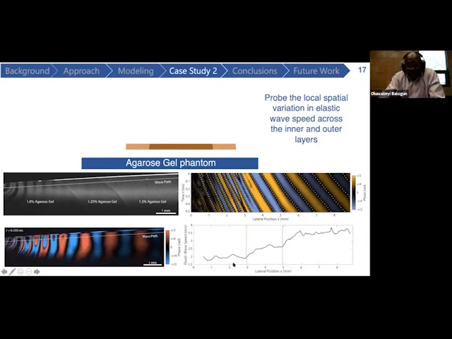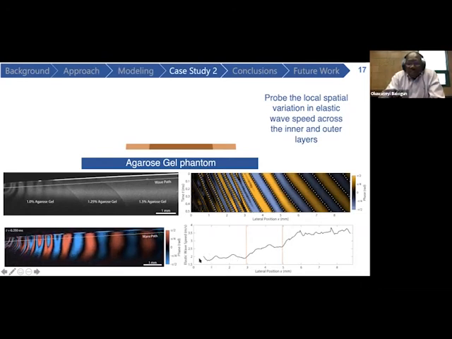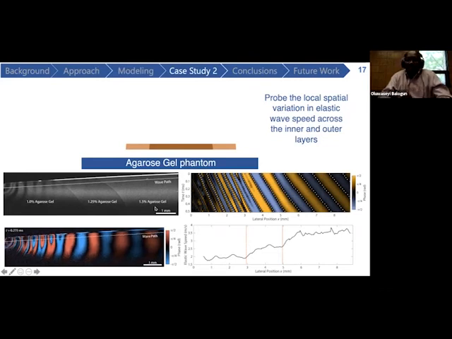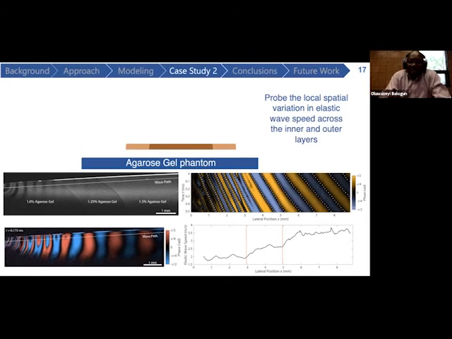We see a gradually increasing wave speed, almost constant on the left-hand side, around 2 meters per second, to about 3.5 meters per second on the right-hand side, with a transition region in the middle. That shows us the contrast between the 1% agarose gel and the 1.5% agarose gel. So this representative layering is what we see in the wave speed that we measure.